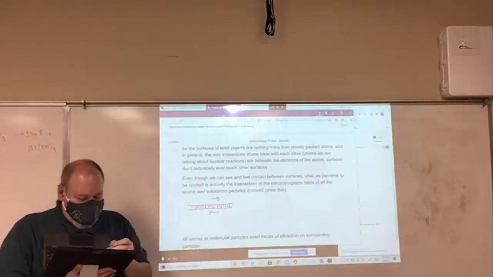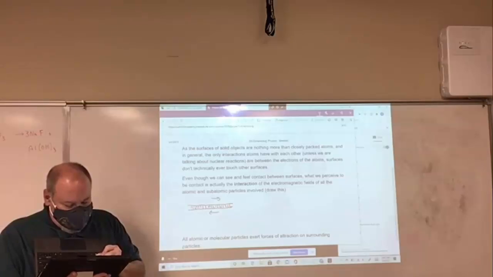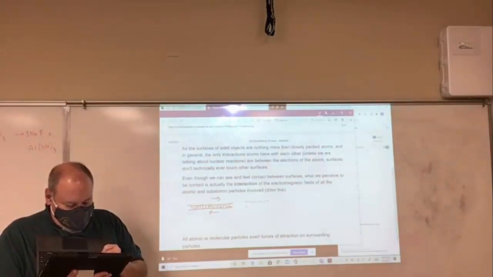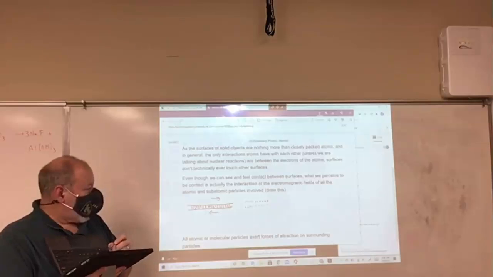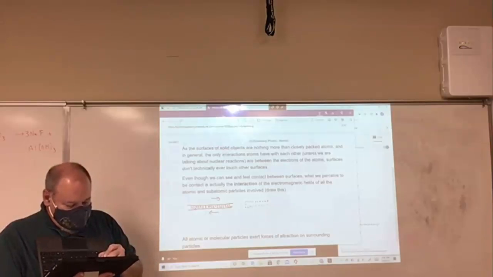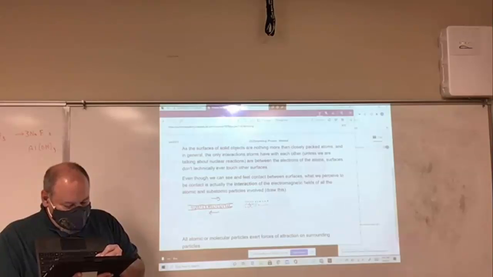But if we think about this at a more microscopic level, we think that the surfaces are made up of closely packed atoms. And we can say that the atoms are having an effect on each other.